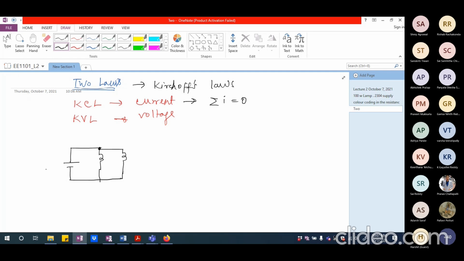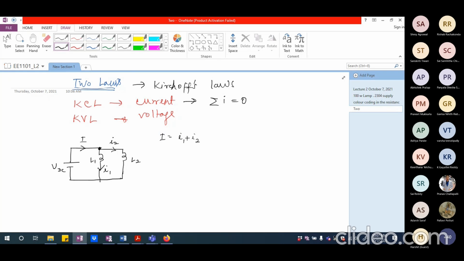Let us say this is the DC source, this is L1, this is L2. I'm going to have a current flowing like this, one more current flowing like this, and one more current flowing like this. If I call this I2, this I1, and this I, I should have I equal to I1 plus I2. So whatever goes in comes out.